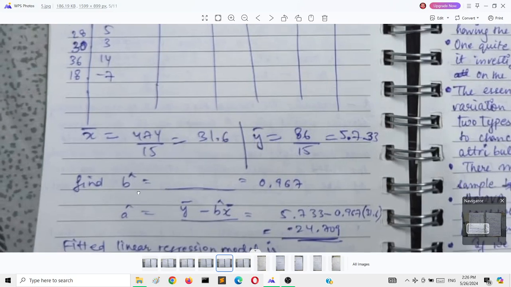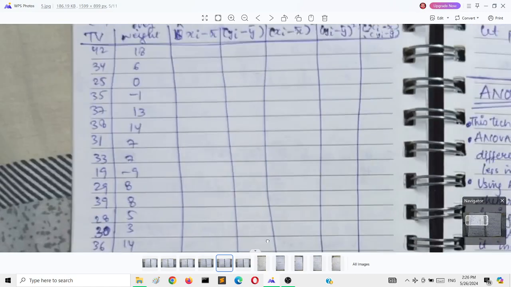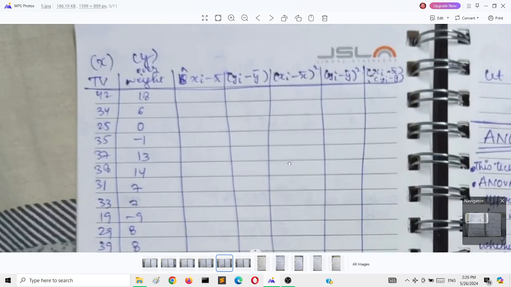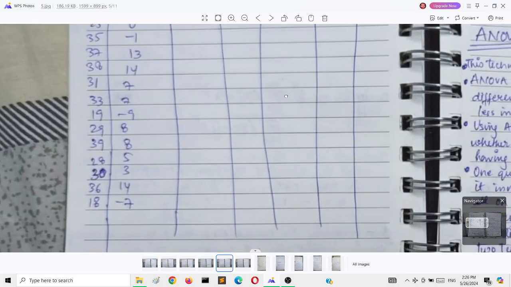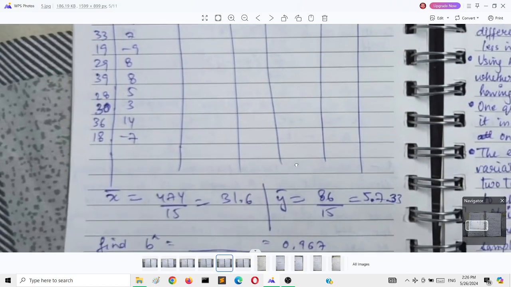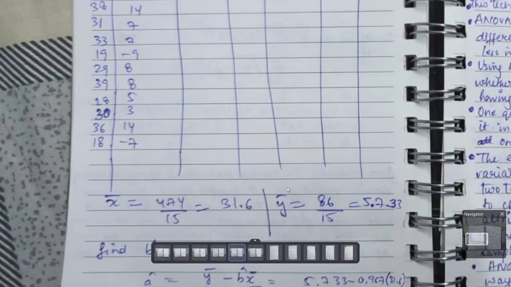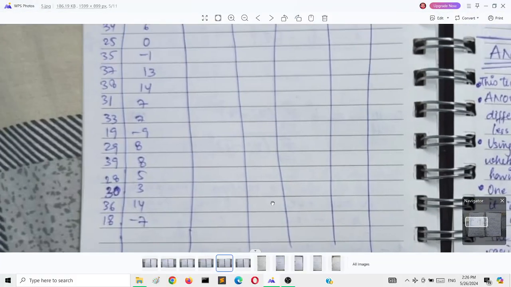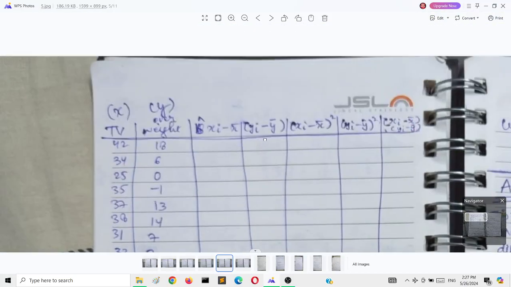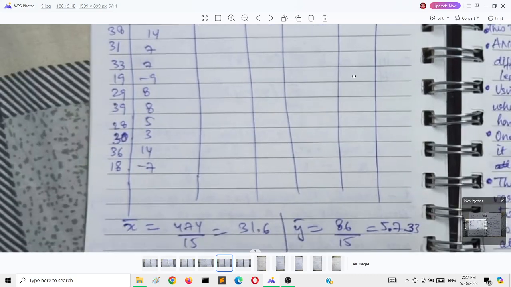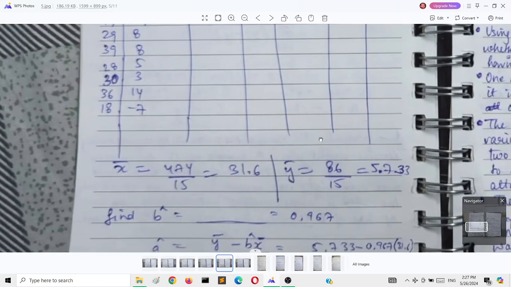Because in the b cap formula we need that term in the numerator, and the summation of all the (xi minus x bar) whole square goes in the denominator. The summation of the (yi minus y bar) whole square we get here will also be used in the correlation coefficient formula.